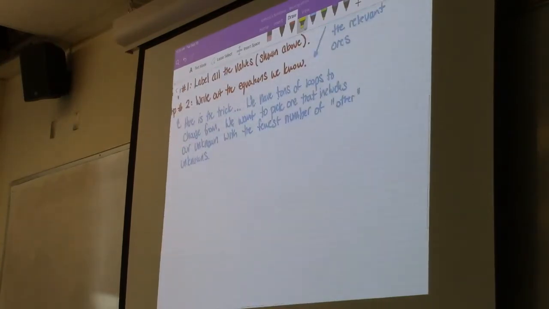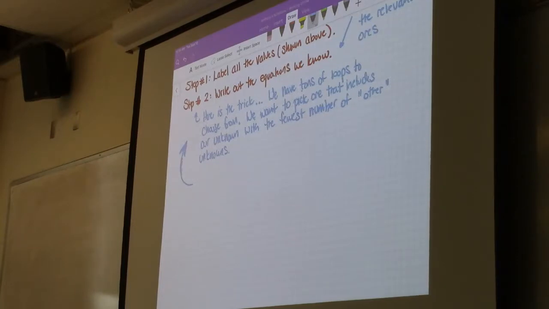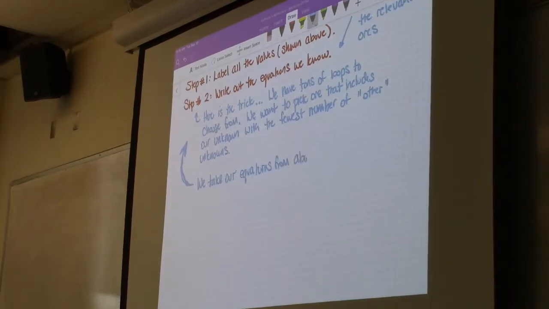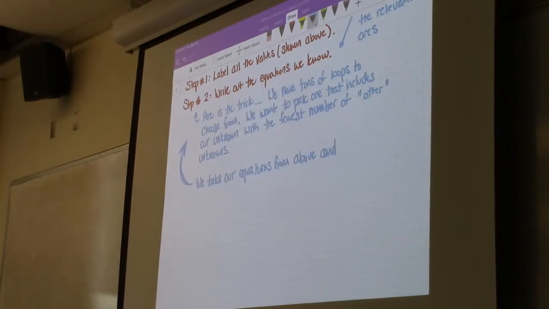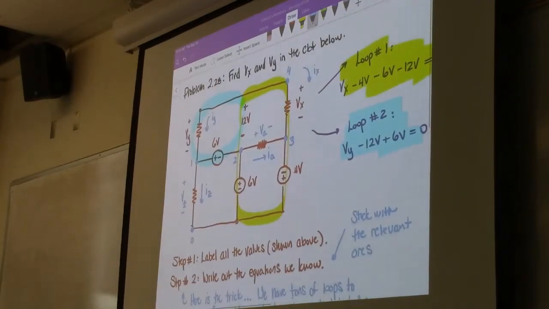So we'll take our equations from above. And there's really not too much to solve here.